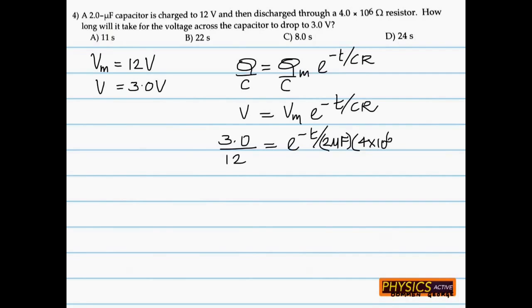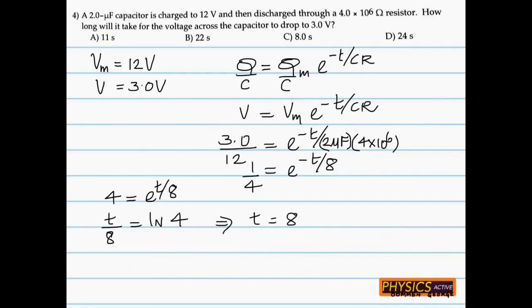As long as you have 2 in microfarad and the other one, you see microfarad is 10 to the negative 6, and then you have 10 to the negative 6 there and 10 to the positive 6 there. So they simply cancel out and you get 2 times 4 is 8. So when you do the calculations, you get the time as 8 times natural log of 4, which gives 11 seconds.